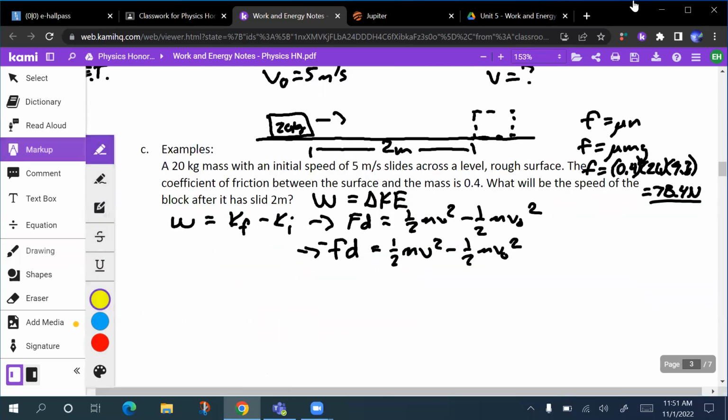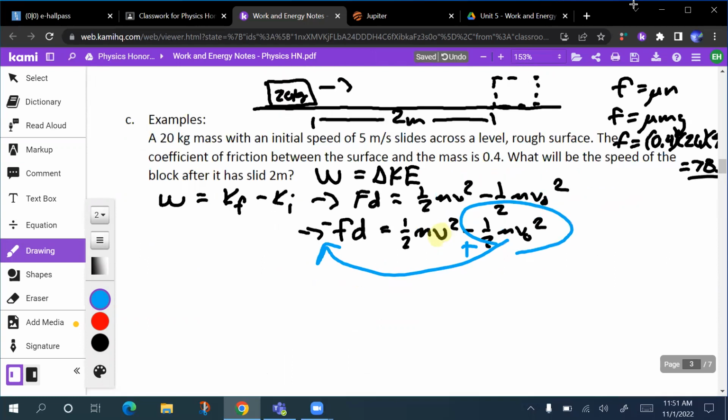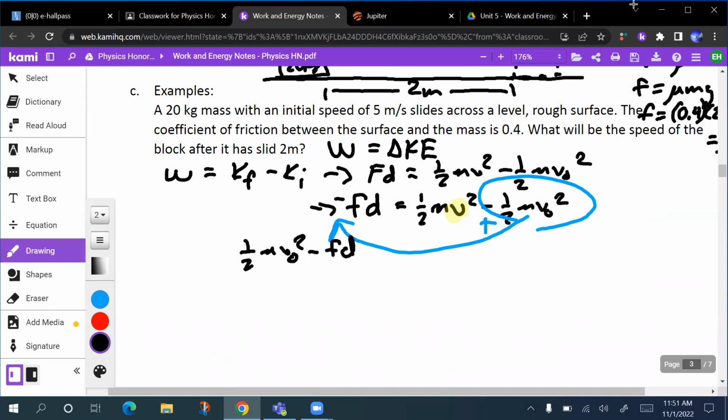And recall, we're solving this for v final. So look at what we're going to do. We're going to start by taking this value here and adding it over here. So we get 1/2 m v naught squared minus friction times distance equals 1/2 m v squared.